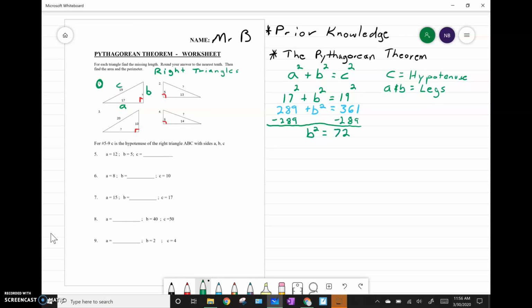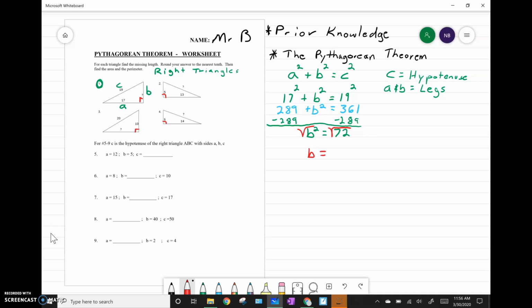Now, we can't just say B squared equals 72, because our triangle isn't B squared, it's just B. To get that square off, we take the square root of both sides. If I take the square root of B squared, I'm left with B. And if I take the square root of 72 in our calculators, we get 8.48.